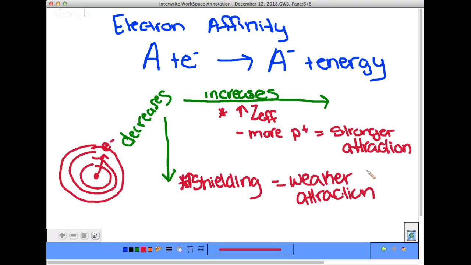There's a good possibility that every morning I'm going to wake up and I have coffee. So electron affinity is the idea of how likely it is that that atom is going to add an electron. And the more likely or the stronger the attraction is, the more energy is going to be released when it actually gains that electron. So hopefully that helps you identify and remember that trend.